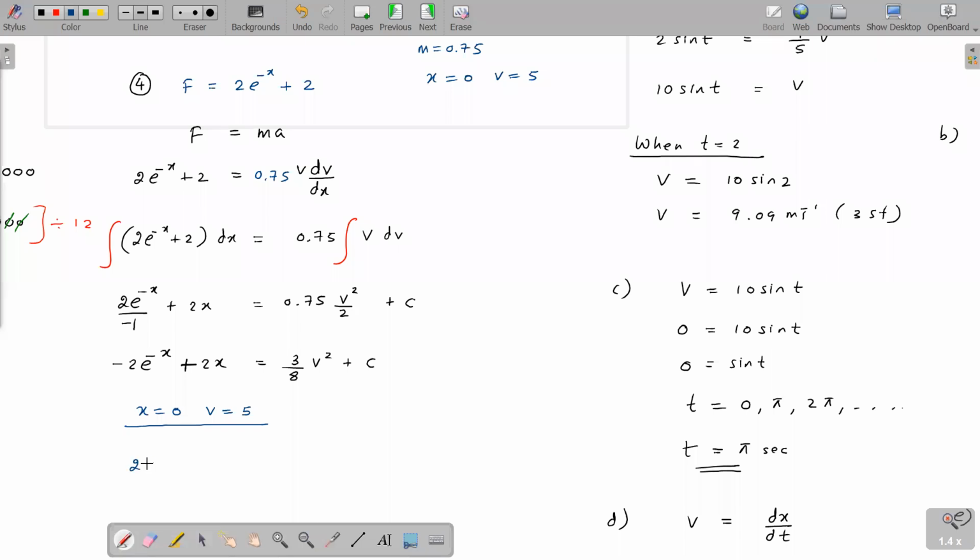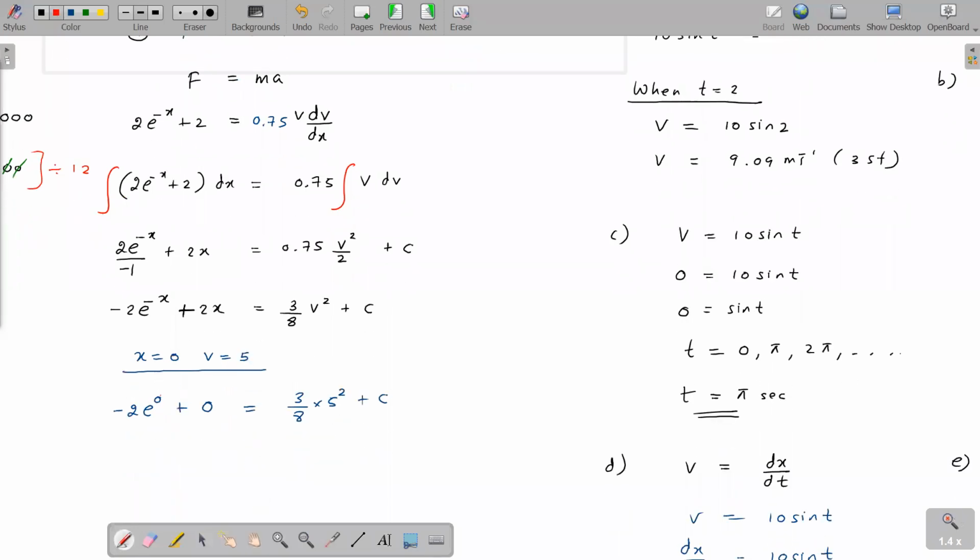So you get here minus 2e to the power 0 plus 0 equals 3 over 8 into 5 squared plus c. Any number to the power of 0 is actually 1, so you get minus 2. 3 over 8 into 5 squared, that's 25 into 3, that's 75 over 8.